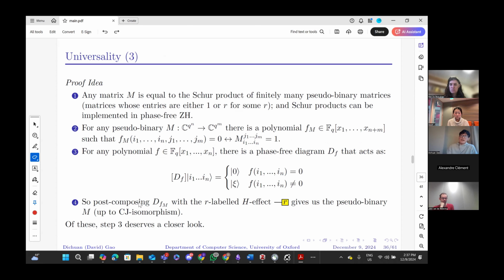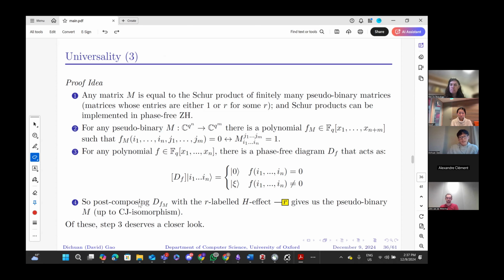Then I'm going to reduce that question to the question of constructing maps that act on the computational basis as a polynomial. You can think of the polynomial essentially as a kind of generalized propositional formula telling you which entries in the matrix are 1 and which entries are 0.